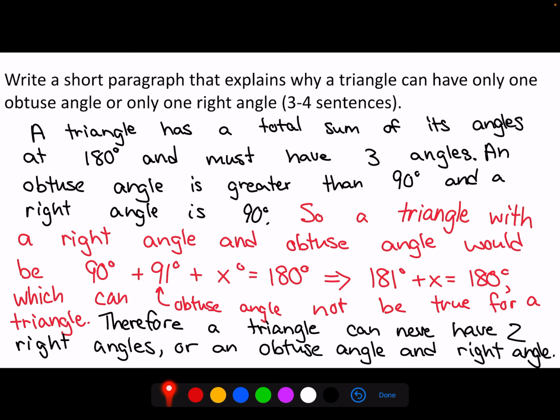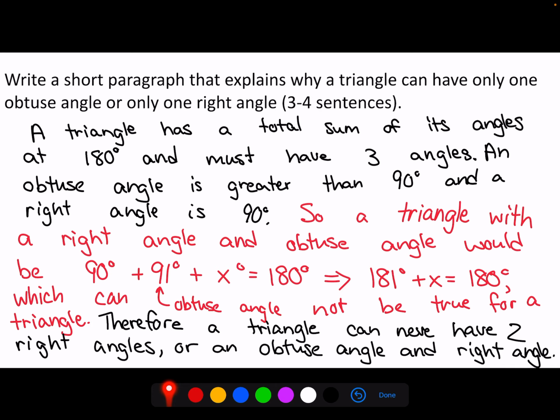Simplifying that gives me 181 degrees plus x, my third angle, equals 180 degrees total within the triangle. Now, x cannot be a negative angle, and if it's equal to 0, it is also not going to be an angle. So this is not possible. I can't have 181 degrees plus another angle equaling 180 degrees.